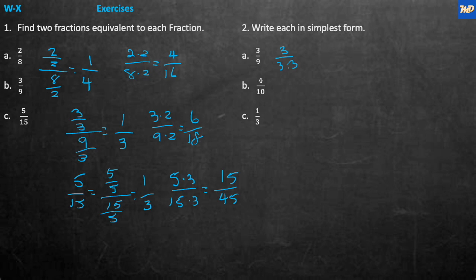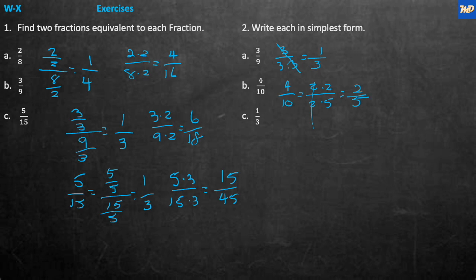Since these 3's cancel, we're left with 1 in the numerator and a 3 in the denominator. The answer is 1/3. So that's simplest form. For B, we have 4/10, which is equal to 2 times 2 over 2 times 5. The 2's cancel. You end up with 2/5.